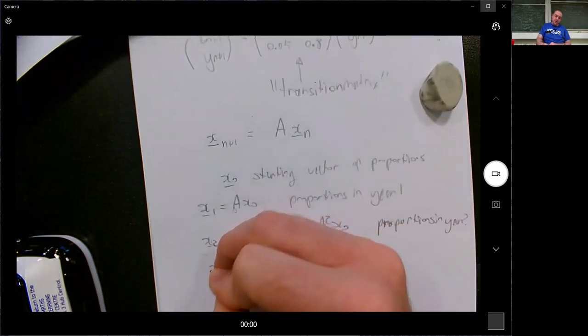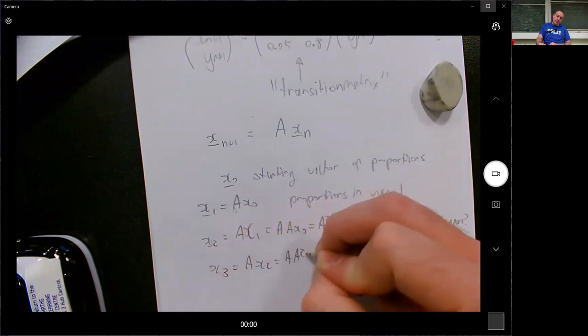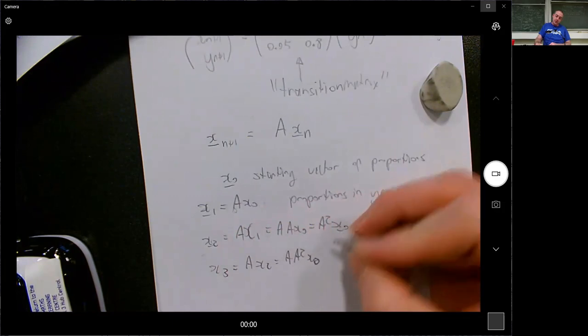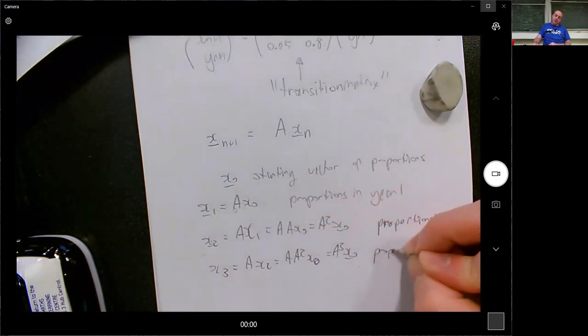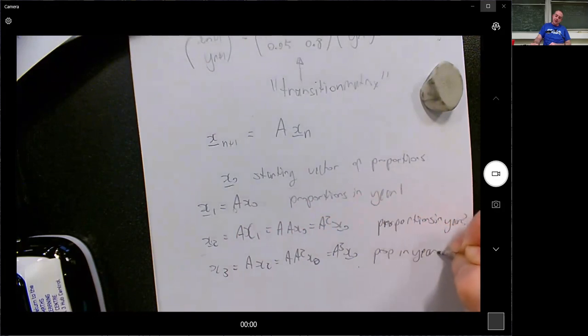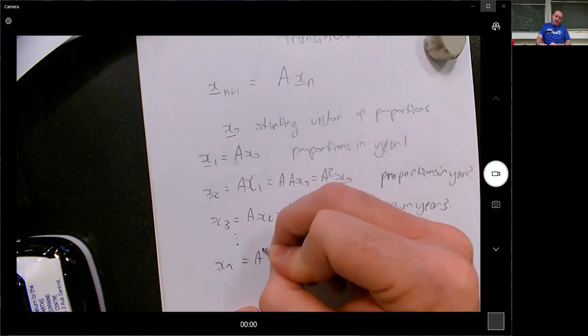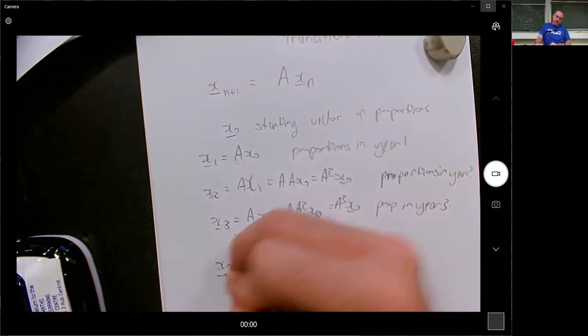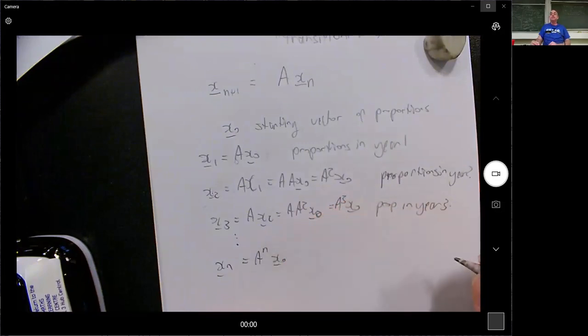And x3 would be A times x2, that's A times A squared times x0, which is A cubed times x0, and they're the proportions in year 3, and so on forever, xn will be A to the power of n times x0. And so powers of matrices becomes a thing.